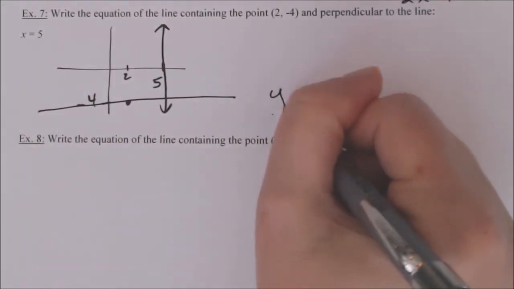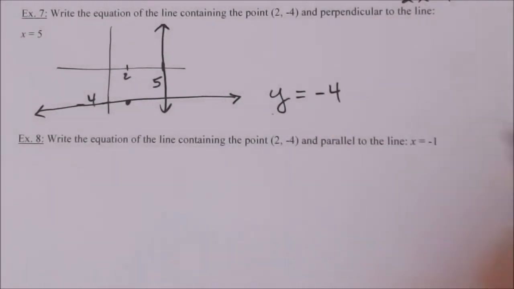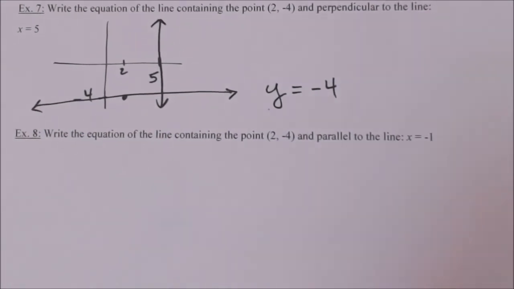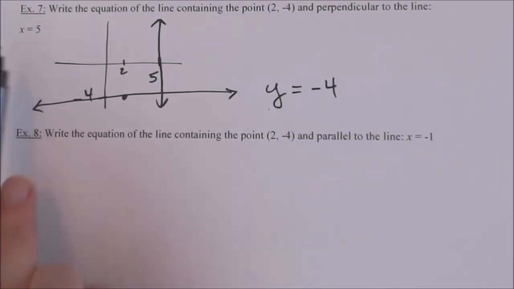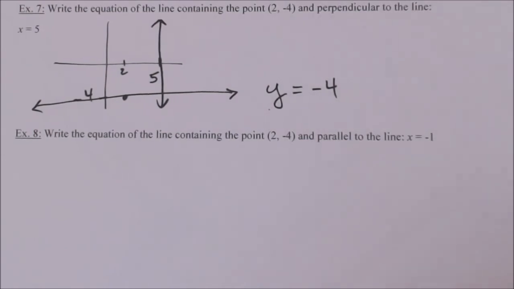So it would have to be the line y equals what? What's the y value that it has to go through? -4. You could have done this without drawing the graph as long as you thought to yourself, okay, this is a vertical line, so perpendicular to it would have to be horizontal. So then it would have to be y equals whatever this y coordinate is.